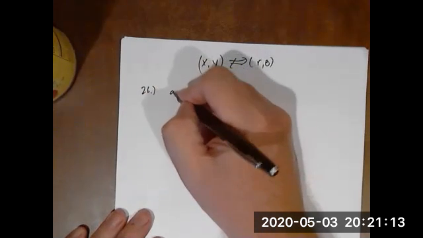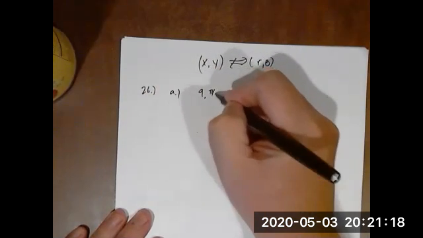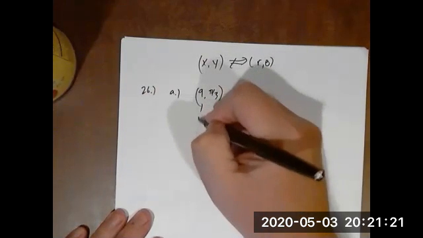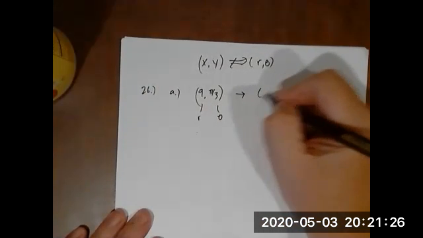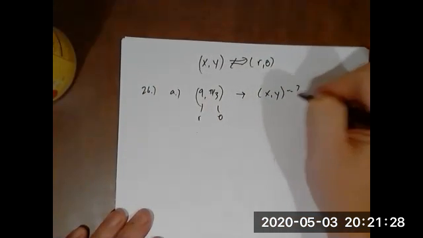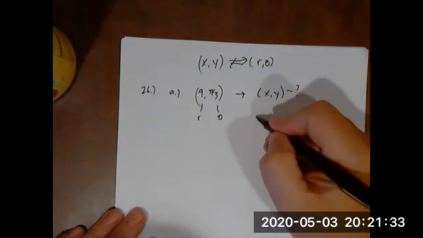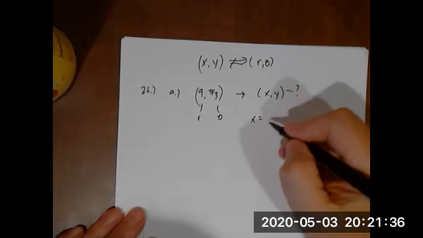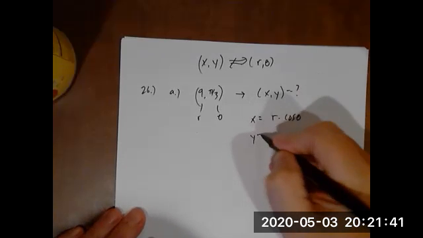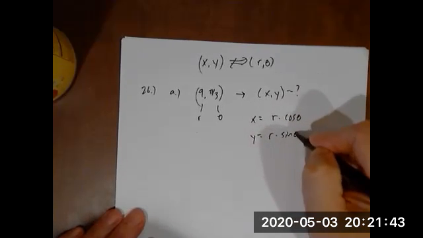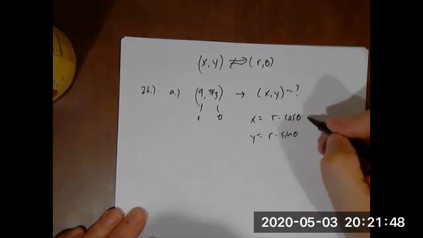A, start with a polar coordinate of (9, pi over 3). So there's r and there's theta. And we want to know what is that x, y. Well, we have nice little formulas. X is r times cosine theta. Y is r times sine theta. Now, I think they want exact answers here.